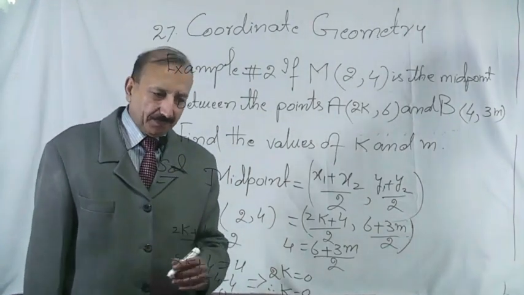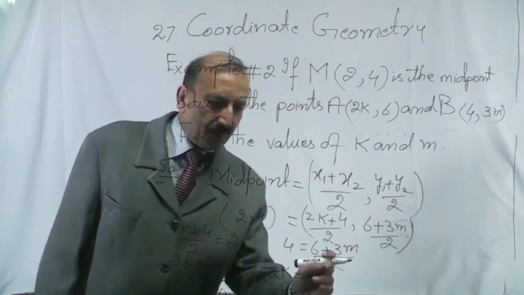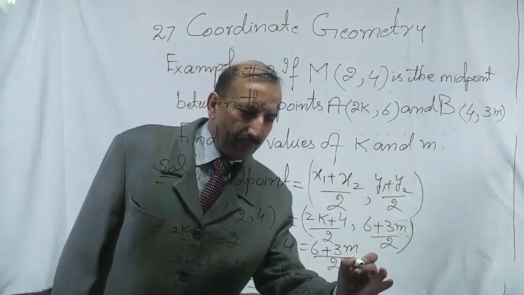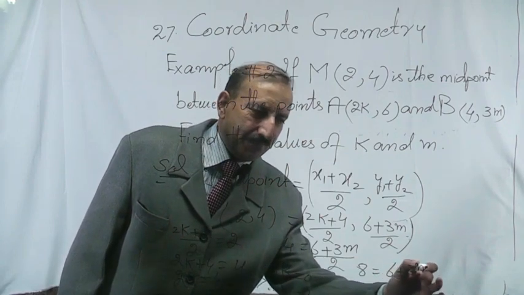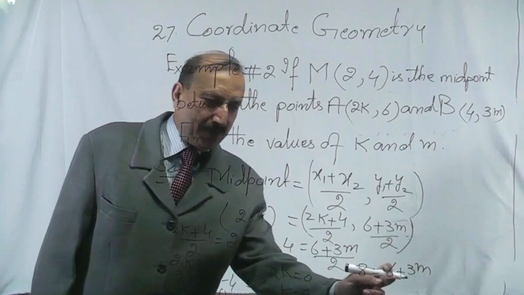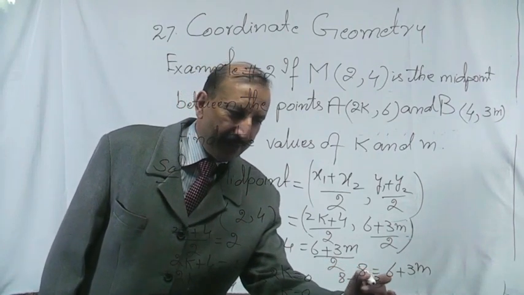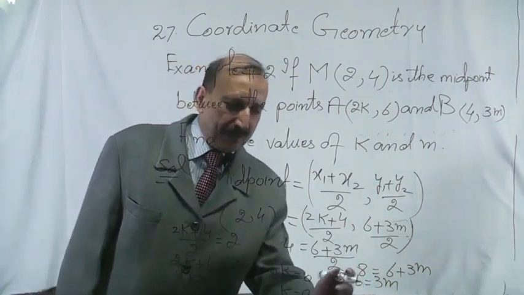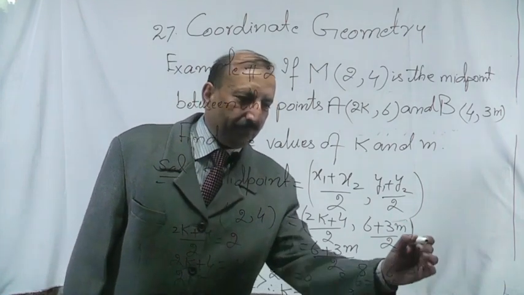And then we'll simplify the second component for m. Cross multiply the 2 to this side, we will get 8 equals 6 plus 3m. Transfer 6 to this side, we will get 8 minus 6 is equal to 3m. Subtracting these two, we will get 2 here and 3m on this side.